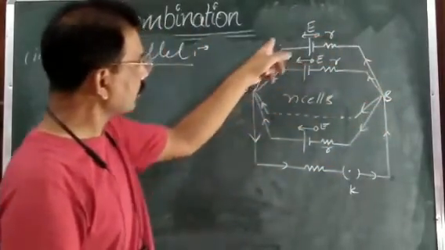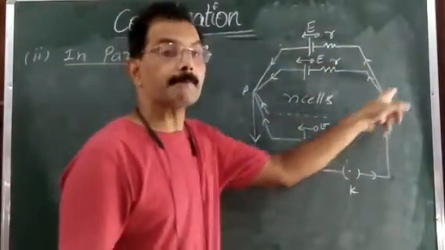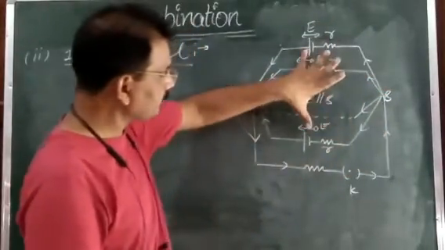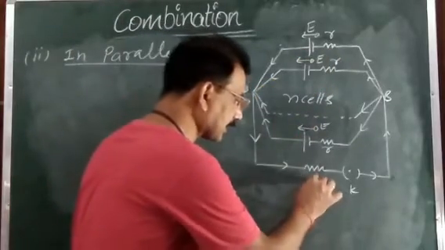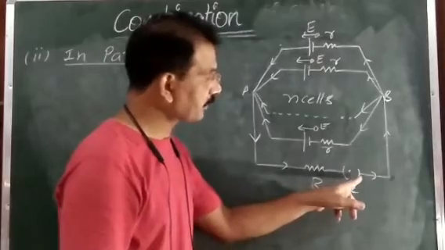In this way, you will get a battery of n cells connected in parallel. And suppose this battery is sending current through the external resistance capital R and is also connected with a key K.